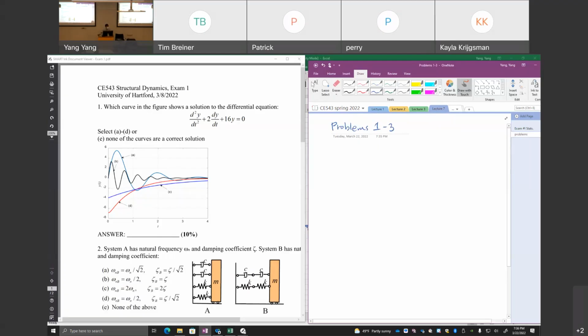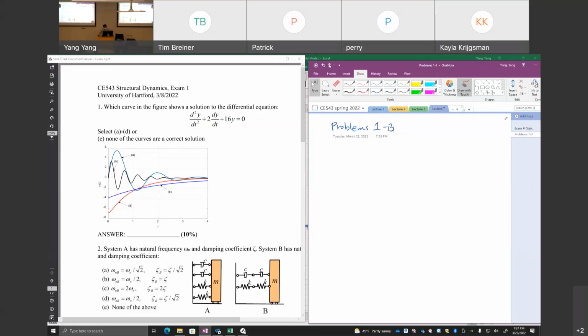So for the first one, several students did it pretty well to figure out the final solution for this problem. And some students showed adequate steps to approach the correct solution, but unfortunately, some of you failed to select the correct answer to this question.